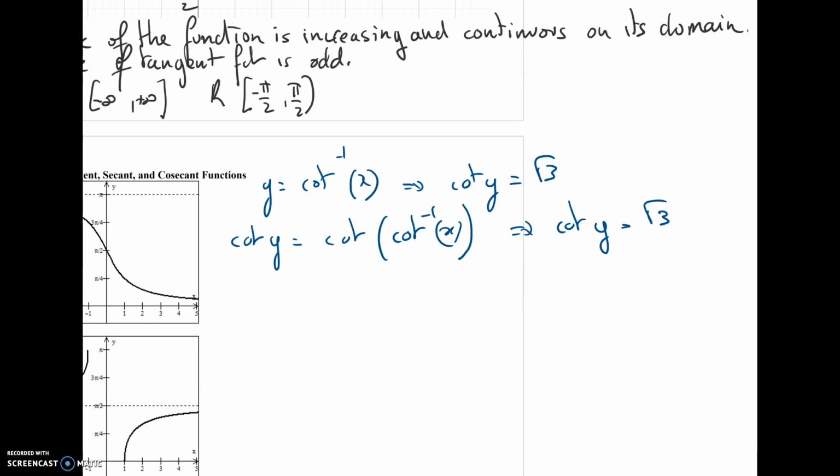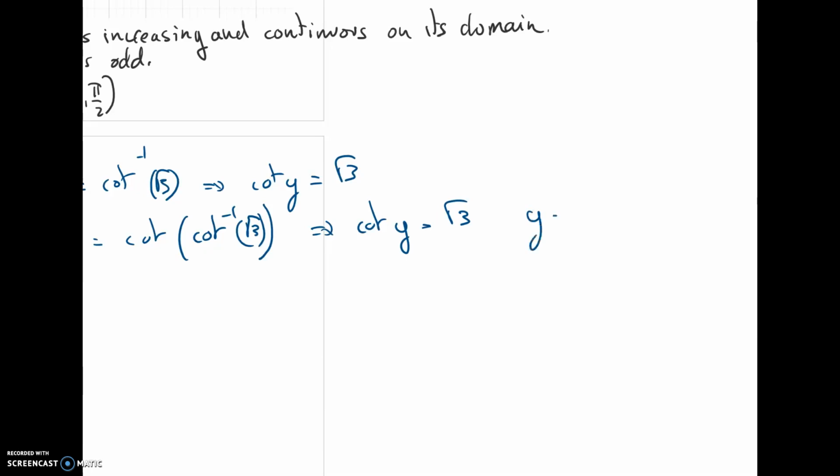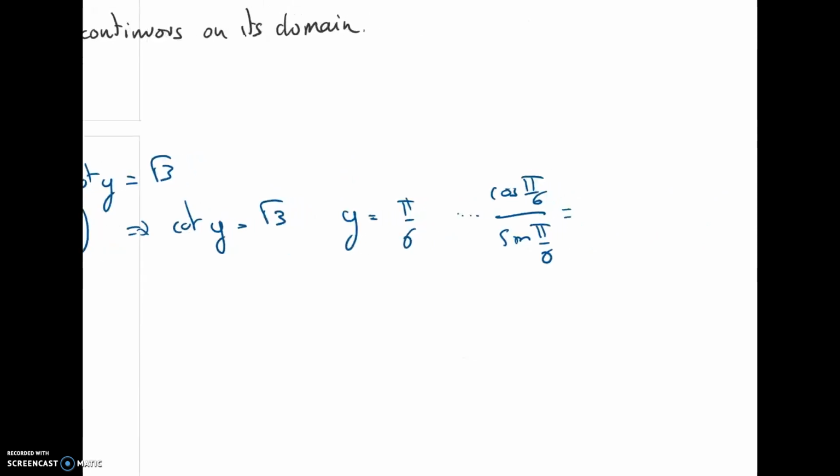And actually, this is where we don't have x right here. We have square root of 3. And that implies y equals pi over 6. Because it's corresponding to cosine pi over 6 divided by sine pi over 6. And when you do that, you find square root of 3.